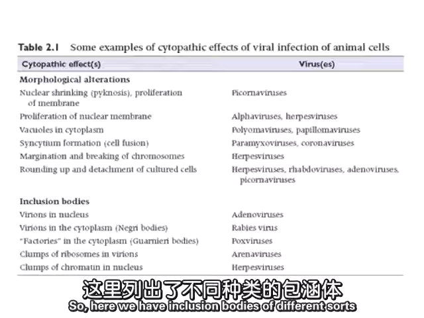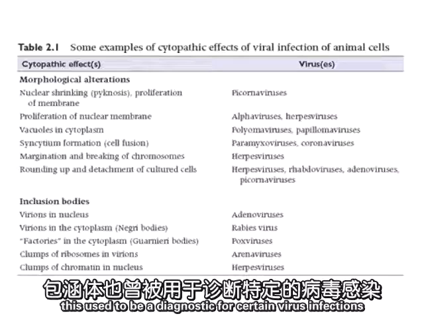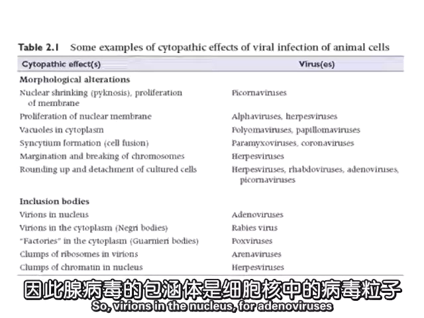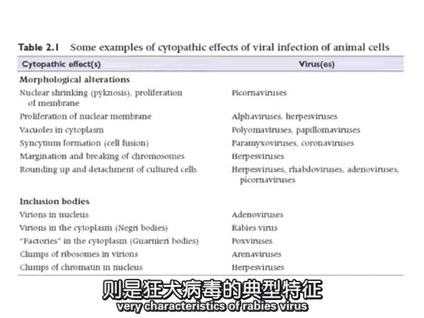So here we have inclusion bodies of different sorts. And in the old days, again, these used to be diagnostic for certain virus infections. So virions in the nucleus for adenoviruses, Negri bodies, which are virions in the cytoplasm, very characteristic of rabies virus.